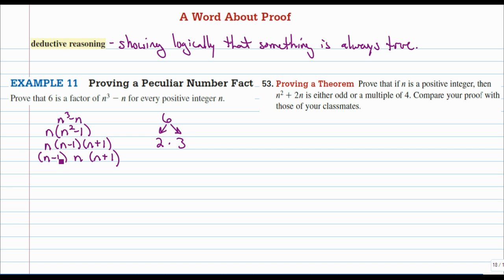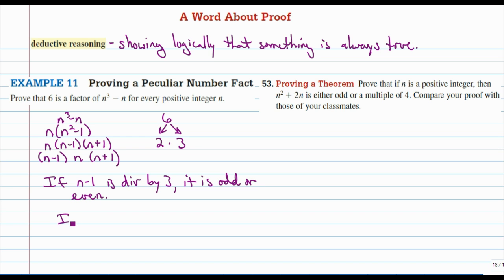So I look at this and say, if n minus 1 is divisible by 3, it's either odd or even. 3 is odd, 6 is even. 9 is odd, 12 is even. If this number that's divisible by 3 is even, it's also divisible by 2. So let's say n minus 1 is divisible by 3, then it is odd or even.